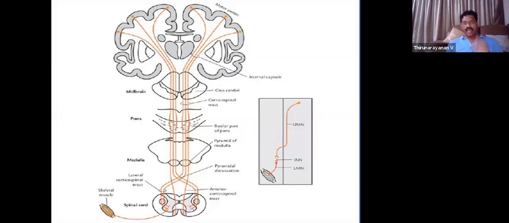The pyramidal tract inhibits the muscle tone. The resting tone is normally high, but this inhibition controls the tone. So when there is loss of this inhibition, there is hypertonia, or rigidity, or spasticity of the muscle, and the reflexes are exaggerated. Am I right, sir?